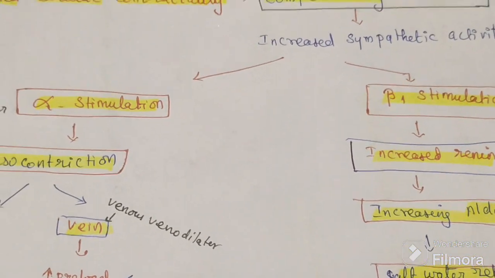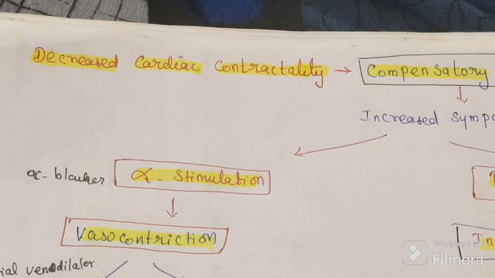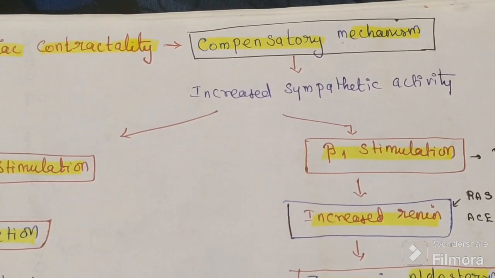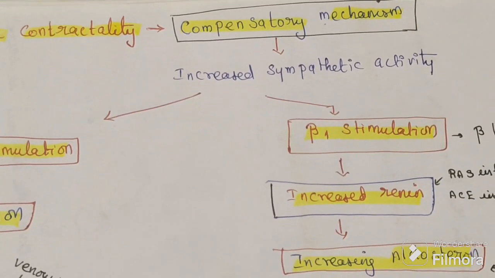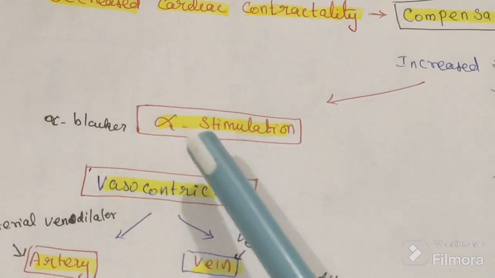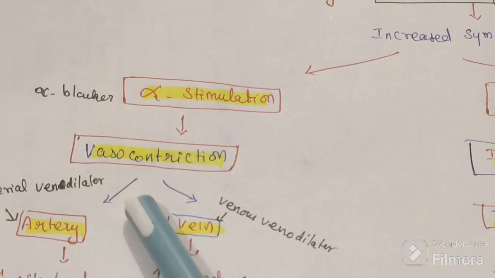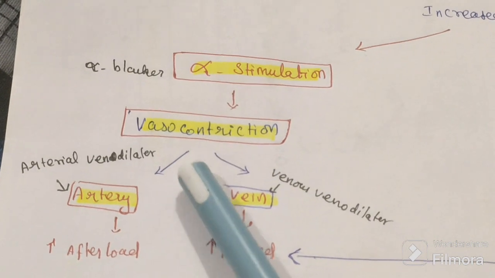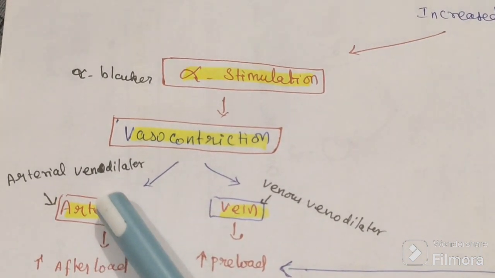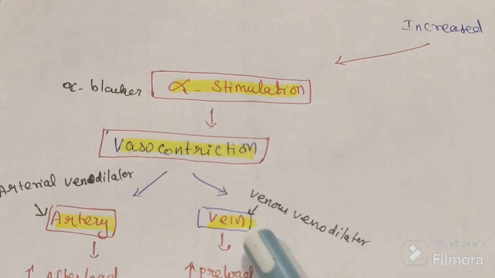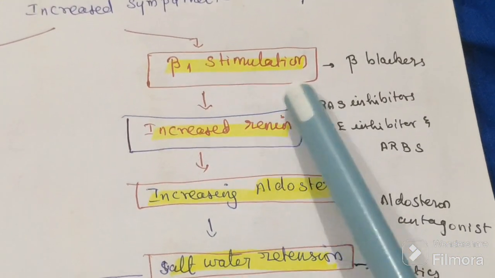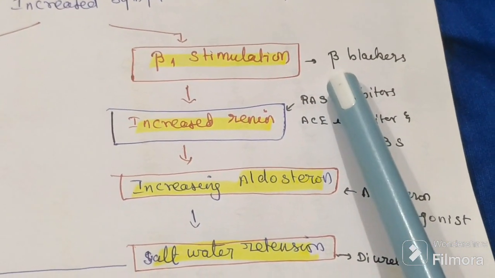So now we can easily understand that classification. Decreased cardiac contractility, that compensatory mechanism, increases sympathetic activity. So alpha stimulation, we give alpha blocker. Vasoconstriction, whether it may be artery or vein: artery means arterial vasodilator, vein means venous vasodilator. Beta stimulation, we block by using beta blocker.